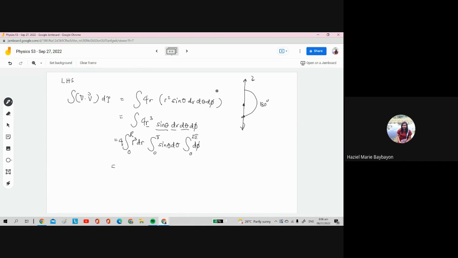Okay, so evaluating, you have 4 times r to the 4th over 4, from 0 to r, multiplied by the integral of sine theta, which is negative cosine theta, from 0 to pi, multiplied by the integral of d phi, which is phi, from 0 to 2 pi.